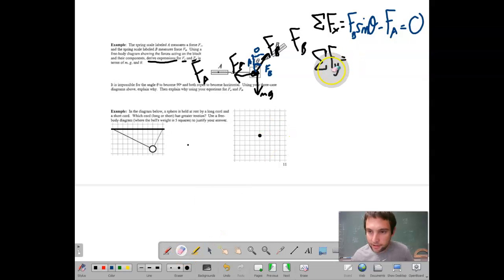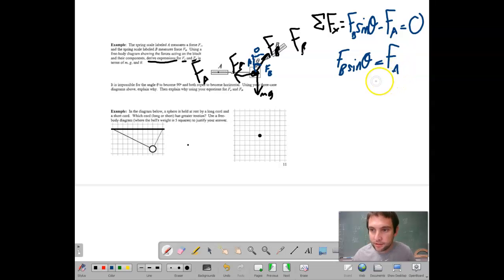I'm going to erase that y component first so I can just fully solve this out and see if I can get any definitions from here. And I get FB sine theta equals FA. Wait a second! That's it? We've already done the first part.